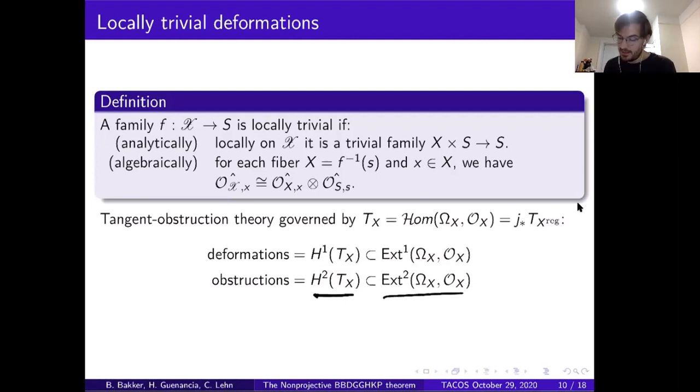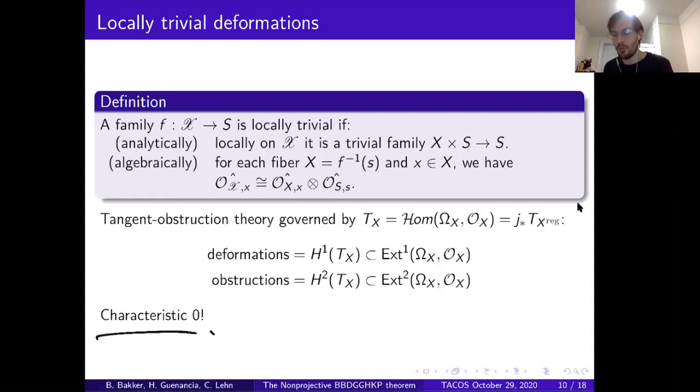And again, getting back to my previous comment, if X is smooth, then in both cases this is an equality. So we recover on the deformation theory side that locally trivial deformations are the same as flat deformations for a smooth variety. I should say here that we're using characteristic zero in a kind of funny way in order to describe the tangent obstruction theory.